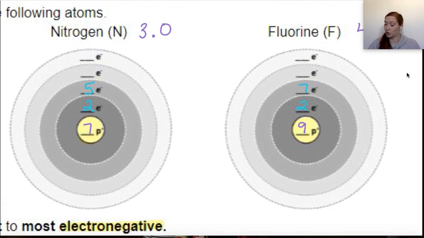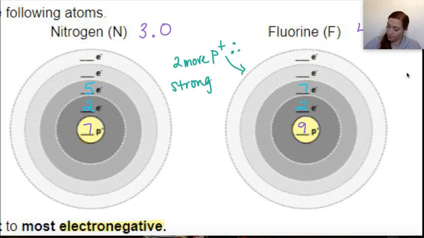So we've got 2 extra protons in the nucleus, which is going to give fluorine 2 more protons, therefore a stronger force of attraction for electrons. That means the electronegativity is higher.